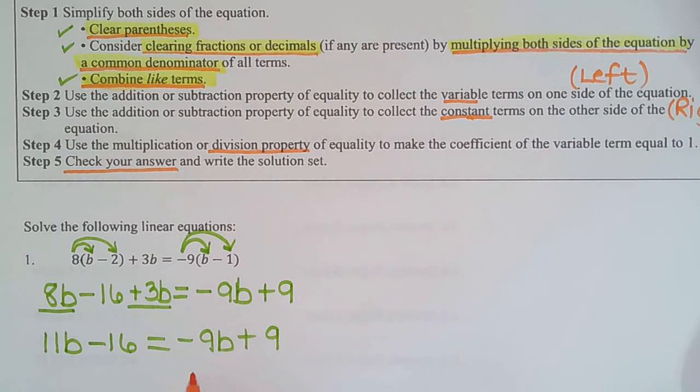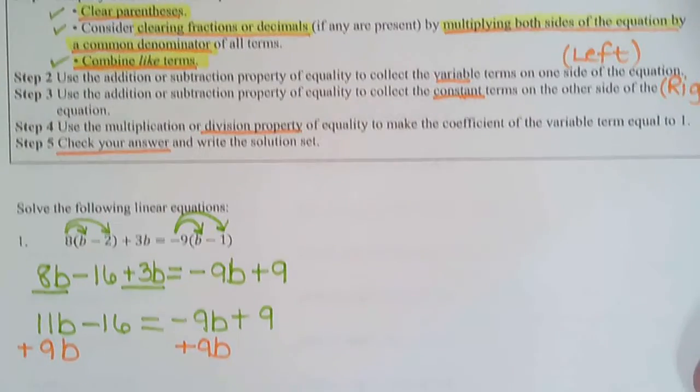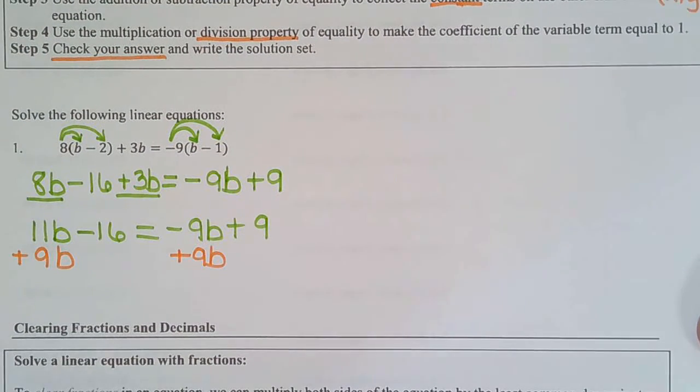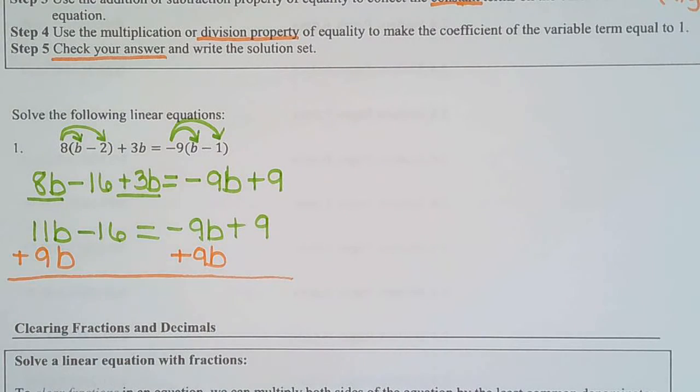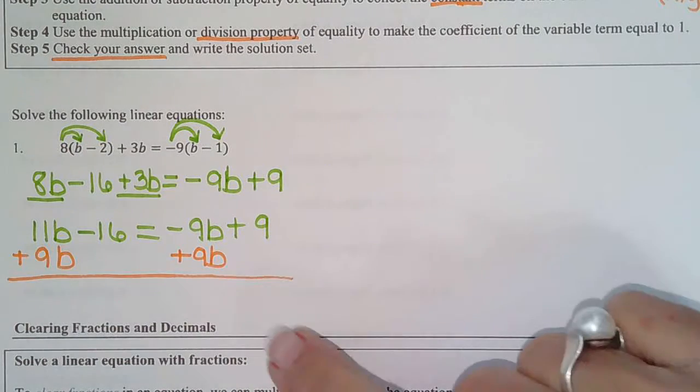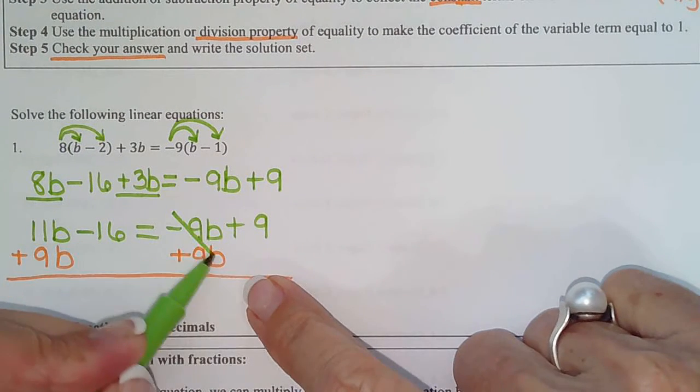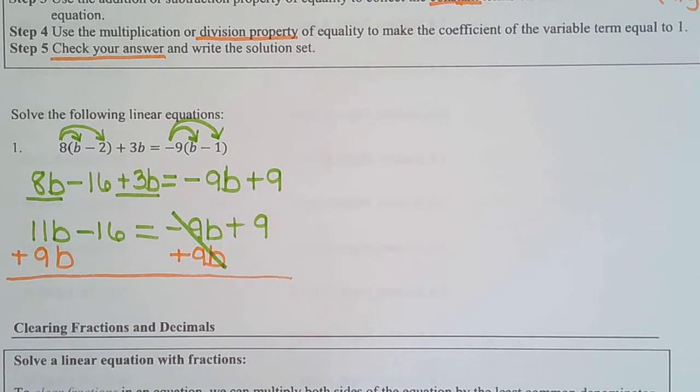So the opposite of -9b would be add 9b, and always make sure you keep your like terms lined up because you can't add a b with a number. Okay, so that's going to leave us with, and see why we did the opposite here? Because we want it to cancel on the right side. So the opposite of subtract 9b, add 9b, then it cancels.